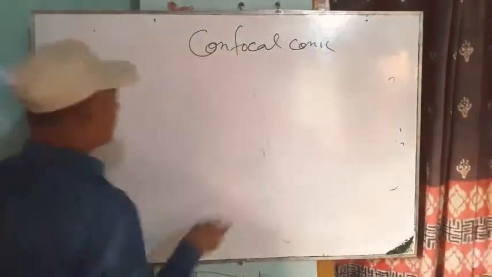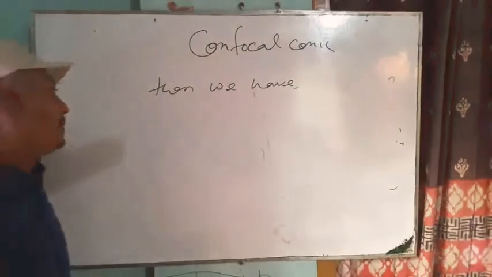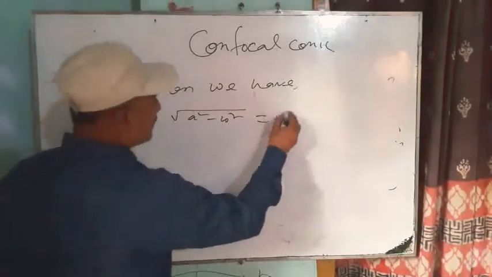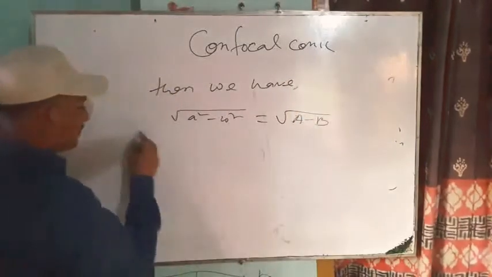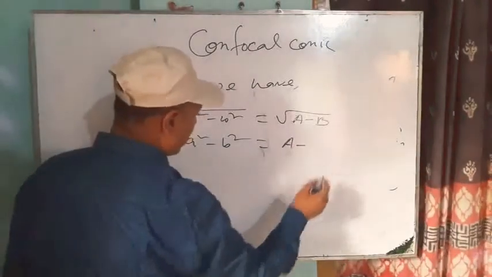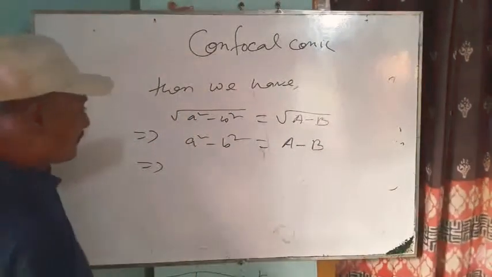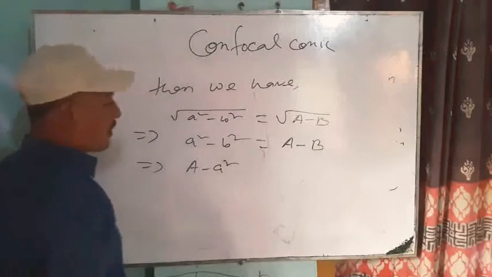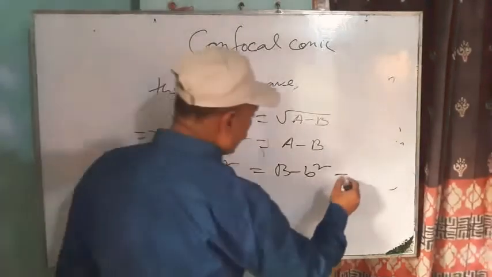Then we have a square minus b square equal to A minus B. Then we have a square minus A equal to b square minus B equal to lambda.